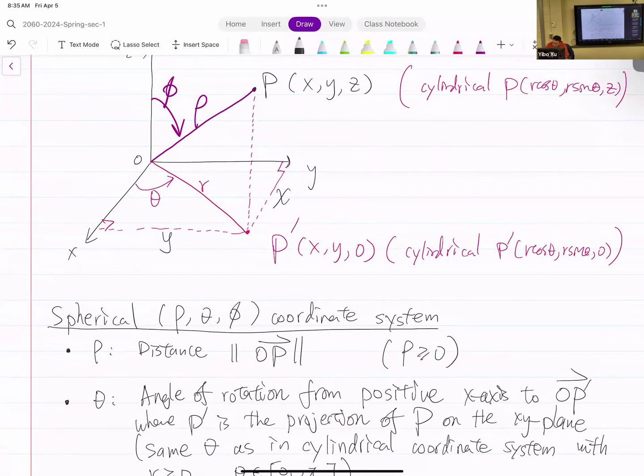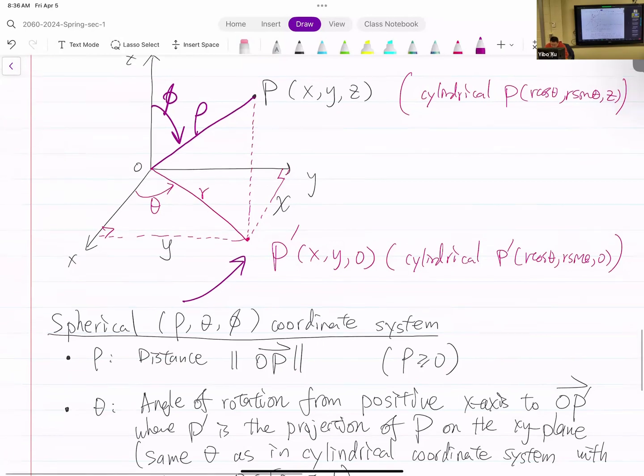Basically here, we want to describe this point P, but we don't really want the XYZ coordinates, right? So if you do the projection down to the XY plane, as long as you have that theta, you will be able to set up this plane that's vertical, which is perpendicular to the XY plane.